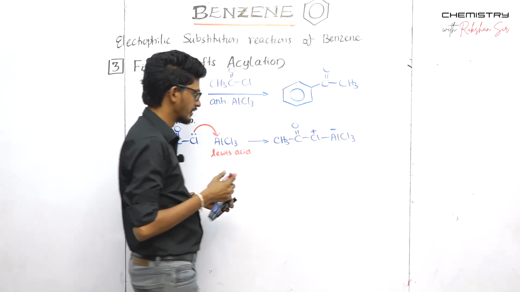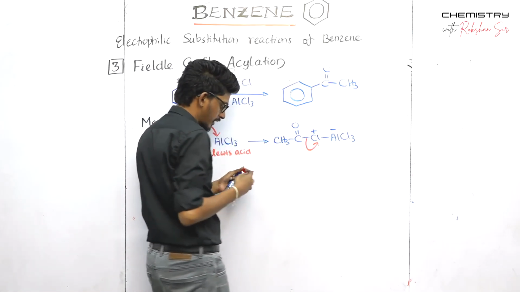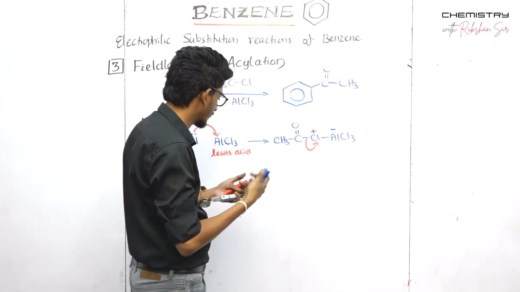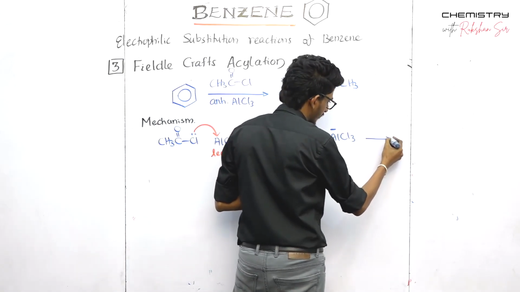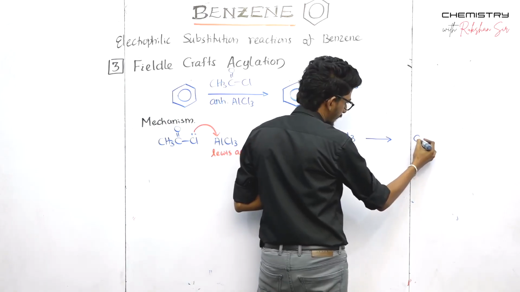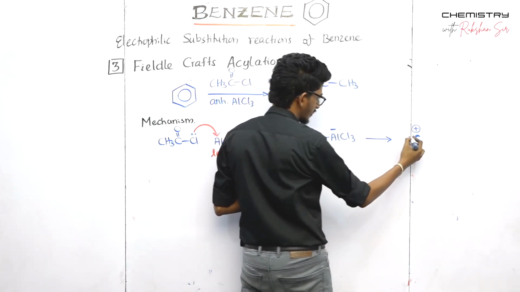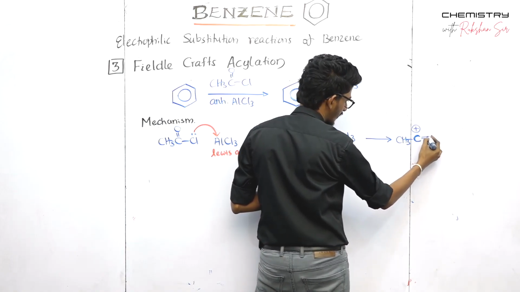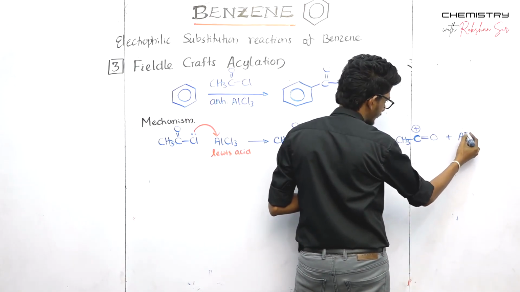In this case as well, this bond will leave, like in the alkylation of secondary alcohols, or alkylation with the use of secondary alkyl halides. In this case also, this thing will leave and form the active electrophile with a complete positive charge. Now onwards we are coming up with electrophiles with complete positive charges, right?